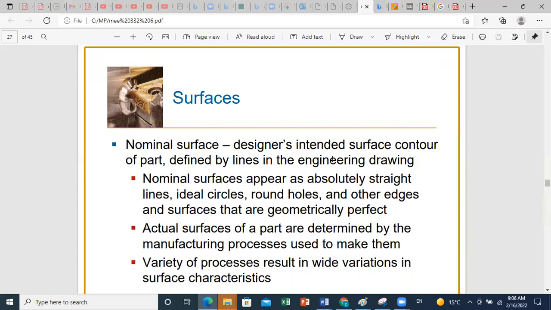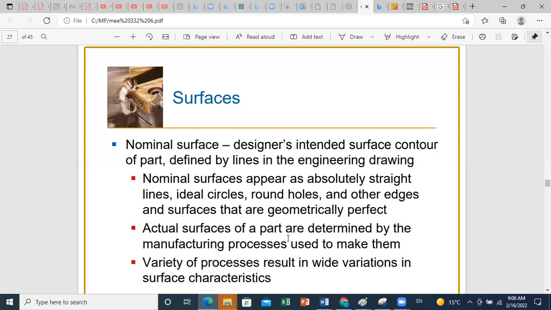However, we always know that when we want to fabricate and manufacture the product, we'll always have some errors. We should be aware of these errors, and we should set the maximum errors allowed depending on the application. Nominal surfaces will appear as absolutely straight lines, ideal circles, round holes, and other edges and surfaces that are geometrically perfect.